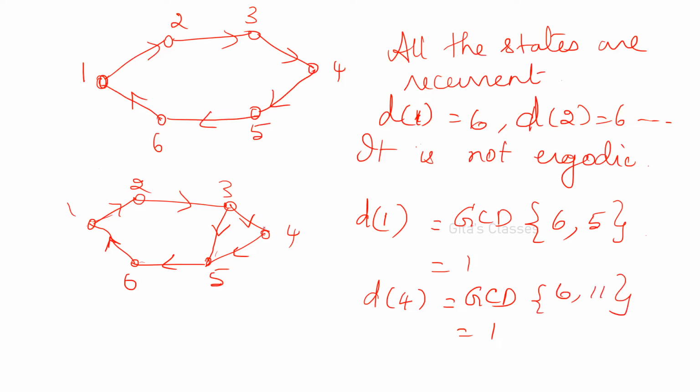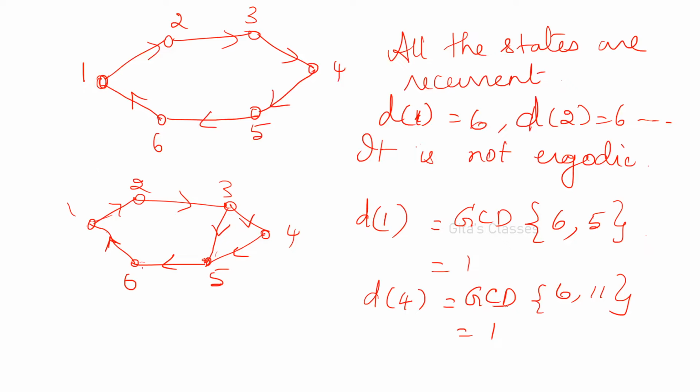6 comma 11. See, from 4 I can go to 5, I cannot go back to 3. So 1, 2, 3, 4, 5, 6, that is one. Then another possibility is 1, 2, 3, 4, 5, then 6. From 5 again you have to take this one only: 6, 7, 8, 9, 10, 11.